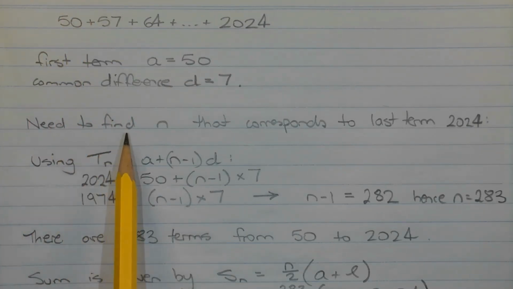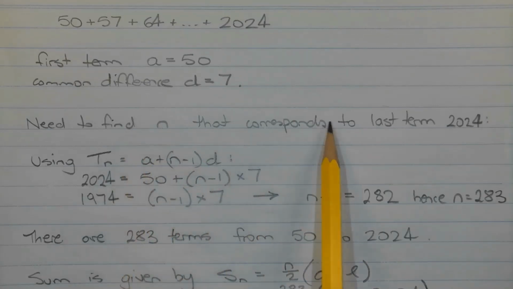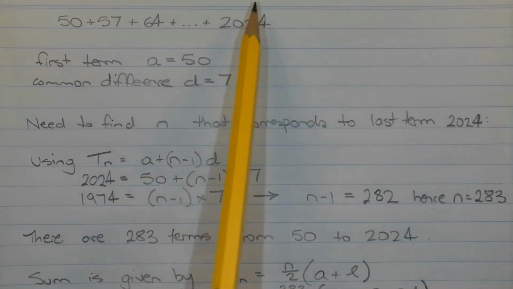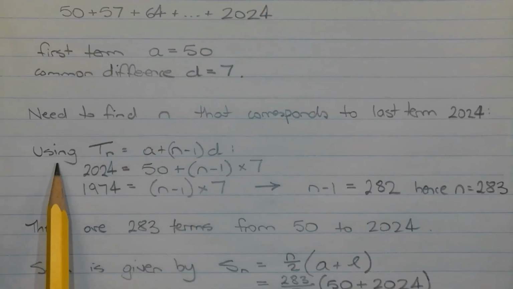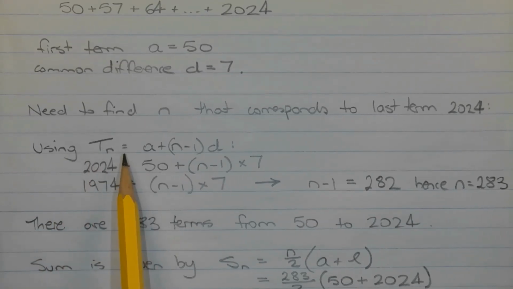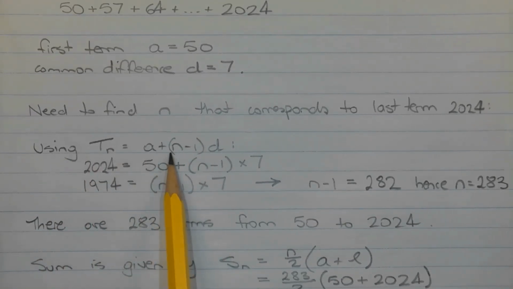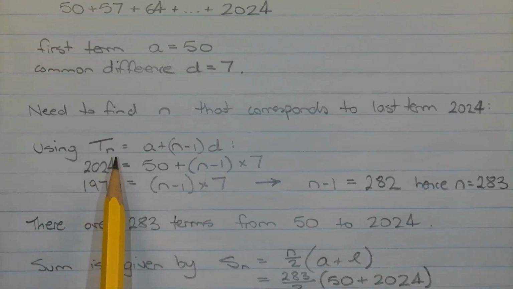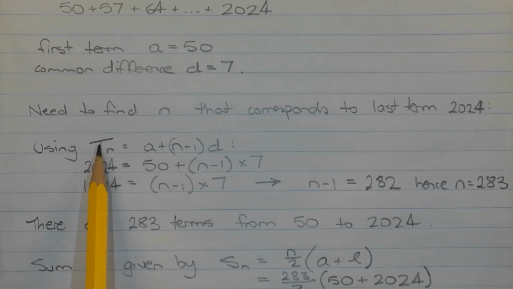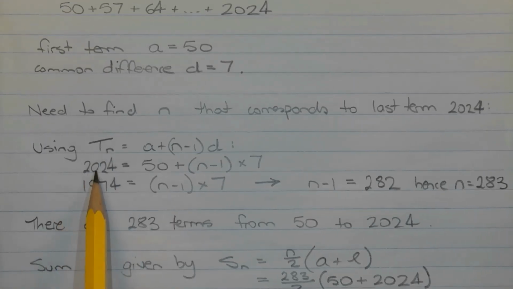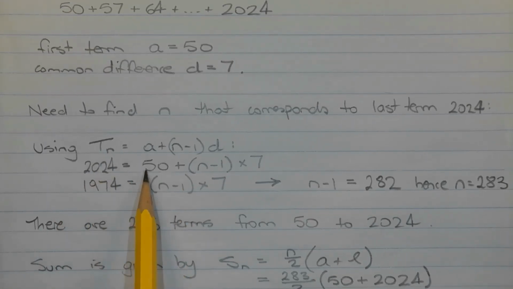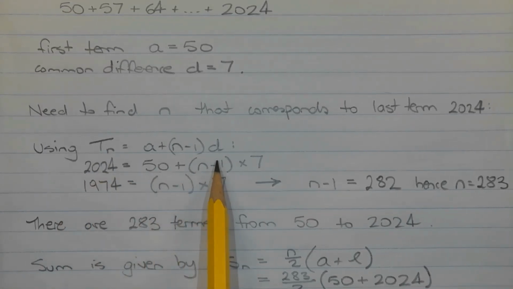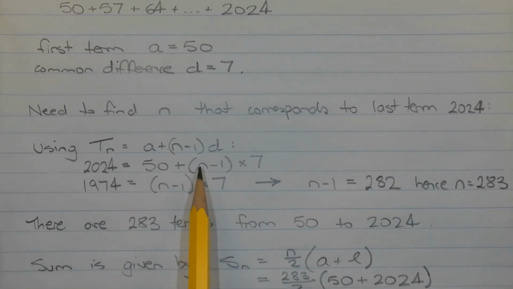Now we need to find the value of n that corresponds to the last term, 2024. So using the formula Tn is equal to a plus n minus 1 in brackets times d, this gives us the value of the term at position n. We know that the value at position n is 2024, and that's equal to 50 plus n minus 1 in brackets times 7. And we need to solve this equation for n.